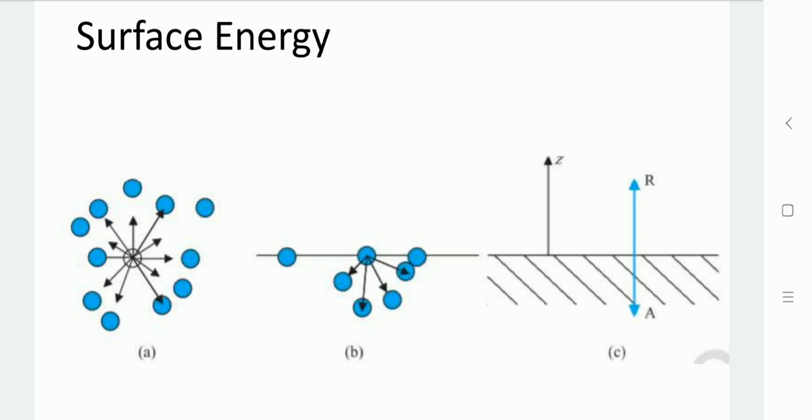So a liquid having molecules on the surface with larger energy tends to have the least surface area, since increasing the surface area requires energy.